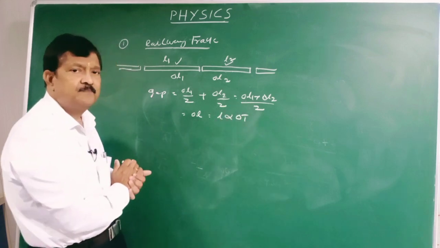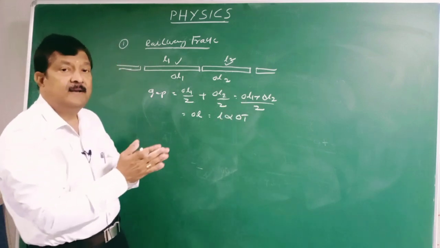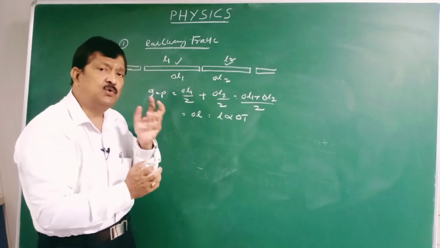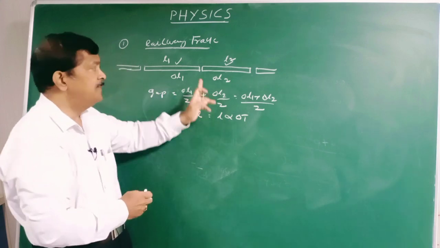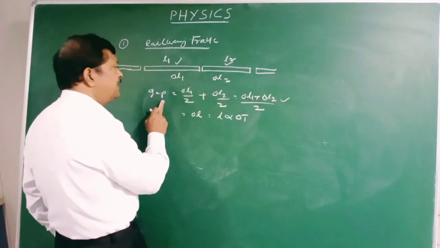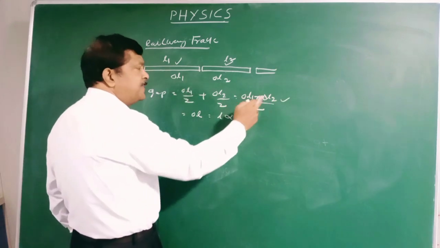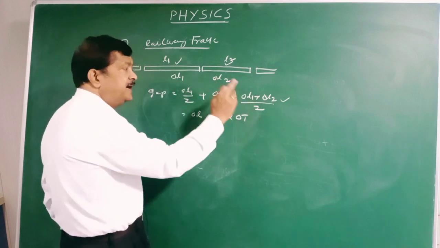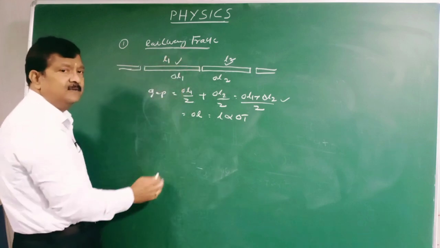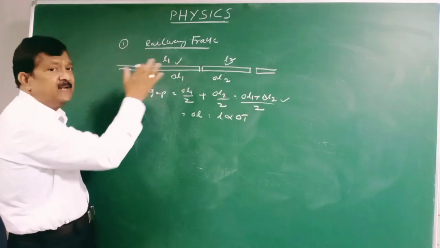But in a special case, if the lengths of the two rails meeting at a point are not equal, then use this relation: the gap to be left equals the average expansion of the two rails meeting at that point. So this is one calculation regarding the gap to be left between the rails.